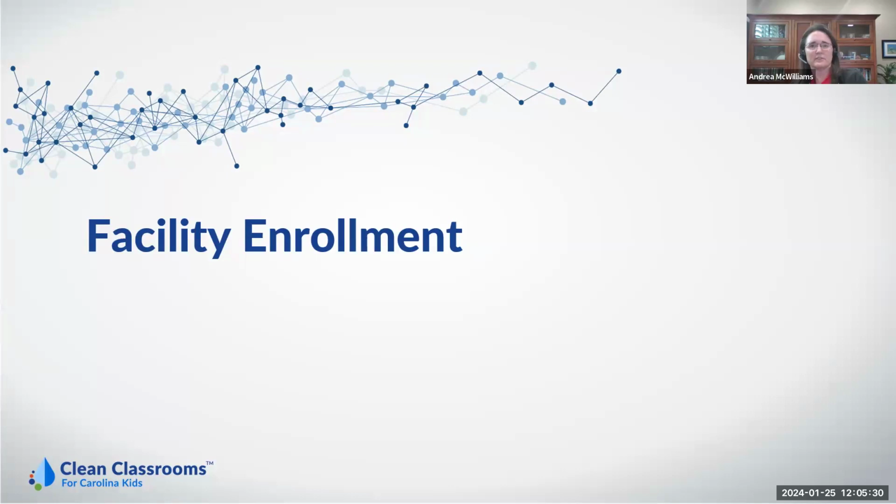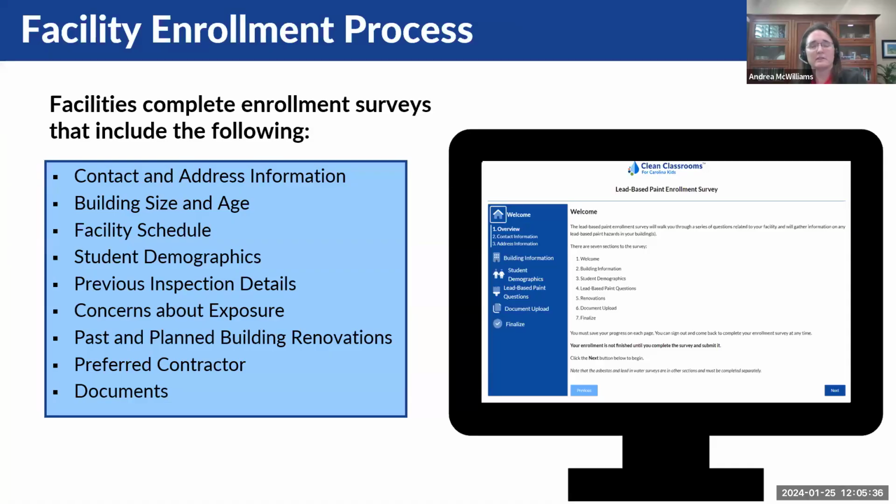So on to facility enrollments. One thing to keep in mind about facility enrollments, each section, whether it be lead and water, lead-based paint, or asbestos, are all different surveys. So the facilities have to complete 3 independent surveys because they're all asking for different information.